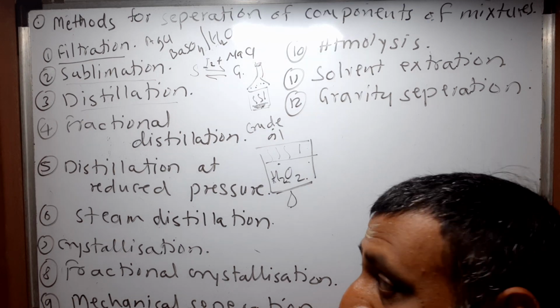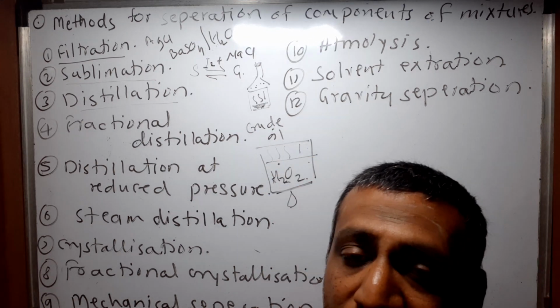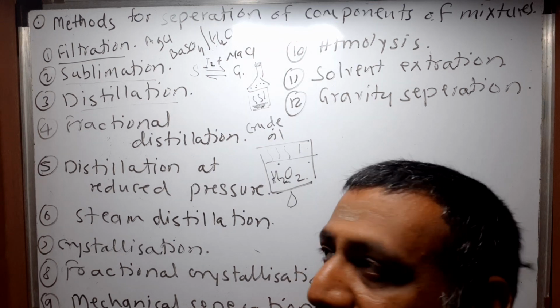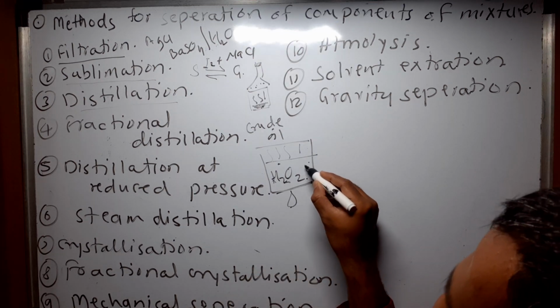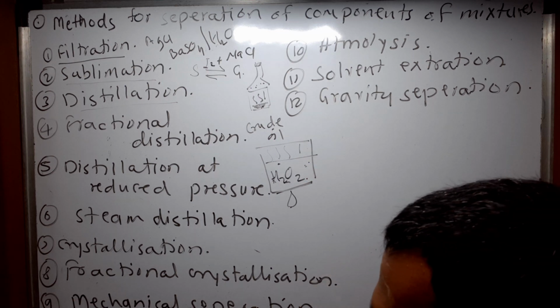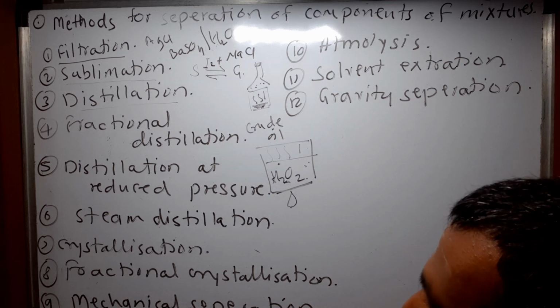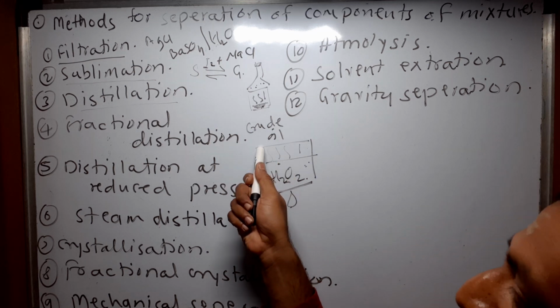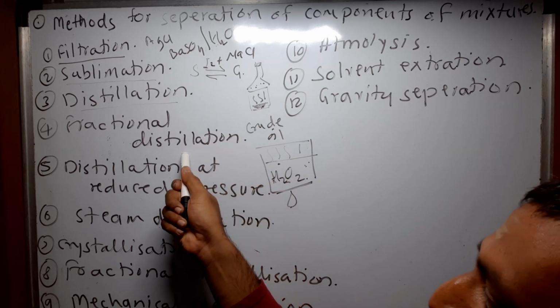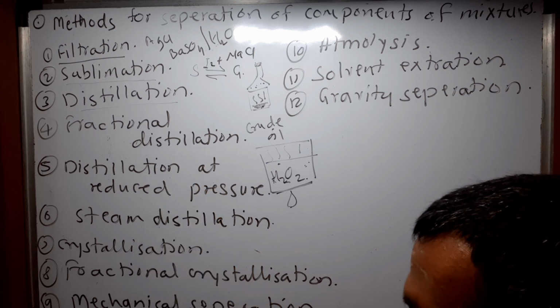Because of this, hydrogen peroxide will boil at a lower temperature, okay, and less energy will be required for the liquid molecules to get vaporized, so it boils at a lower temperature. This method is nothing but distillation at a reduced pressure. So we will get the pure hydrogen peroxide vapors, and on condensation we get the pure hydrogen peroxide.